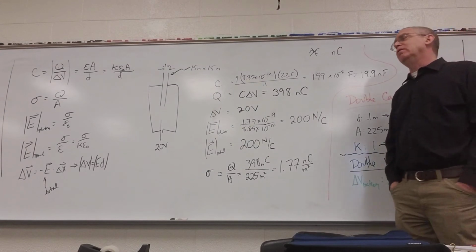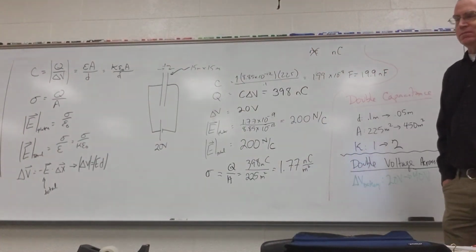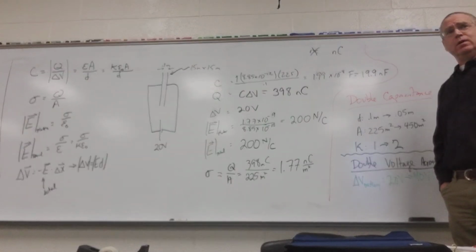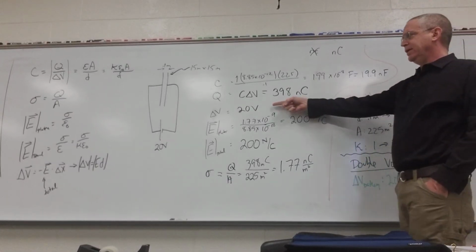This comes to, for this type of problem, a very important part of how do we know. I mean, Janice is the one who told us 20 volts to begin with. Why did you say 20 volts?